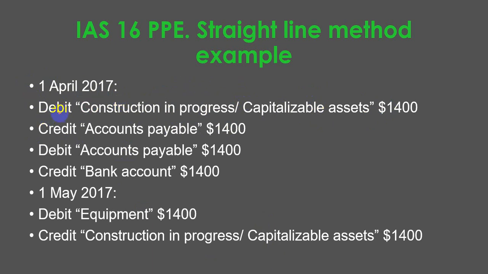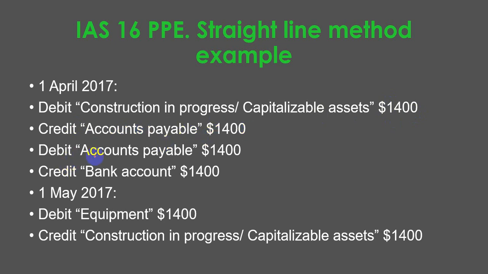Different entities can have different names of such accounts. That is why several examples here. So we debit, for example, construction in progress or a capitalizable assets account for the purchase price of $1,400 and credit our accounts payable for the same amount.